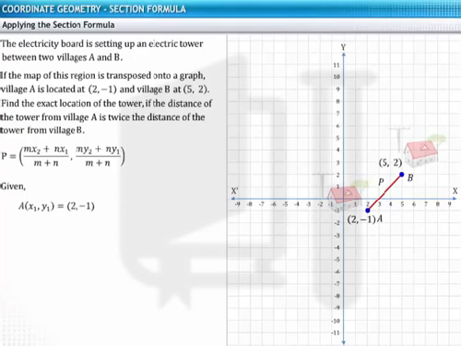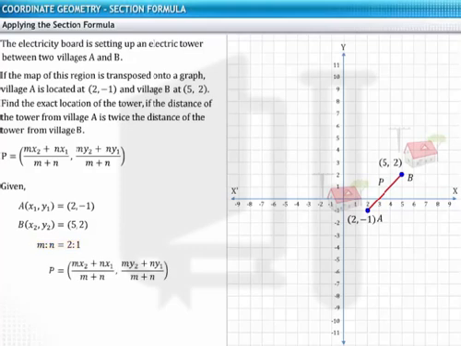According to the problem, coordinates of village A, x1, y1 is equal to 2, -1. Coordinates of village B, x2, y2 is equal to 5, 2. The ratio of the distances of the tower from villages A and B, or m:n, equals 2:1.